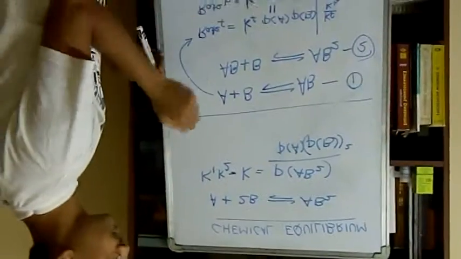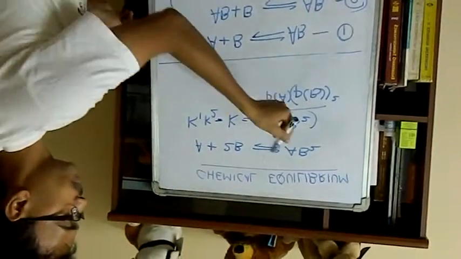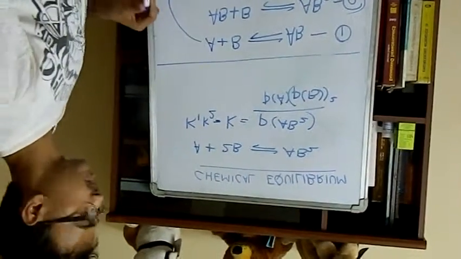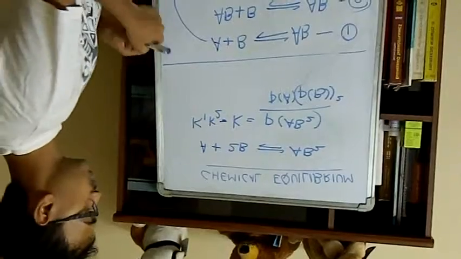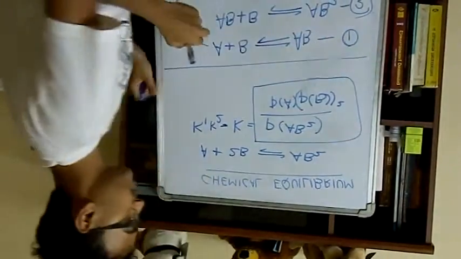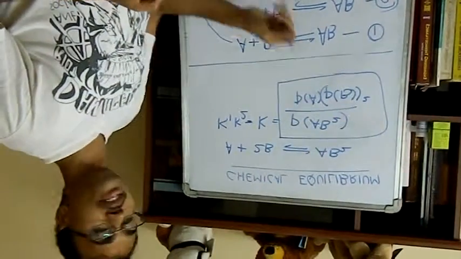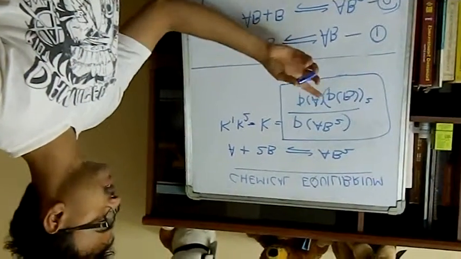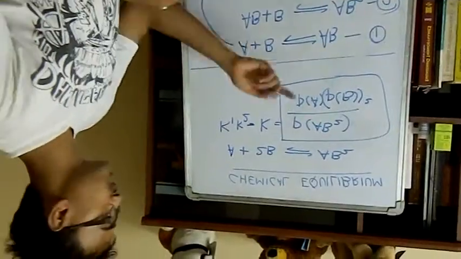So K1 K2 will also be a constant independent of the pressures of AB2, A and B at a particular temperature. This value is a constant irrespective of the pressures at a particular temperature, and this constant is called the equilibrium constant of this reaction.